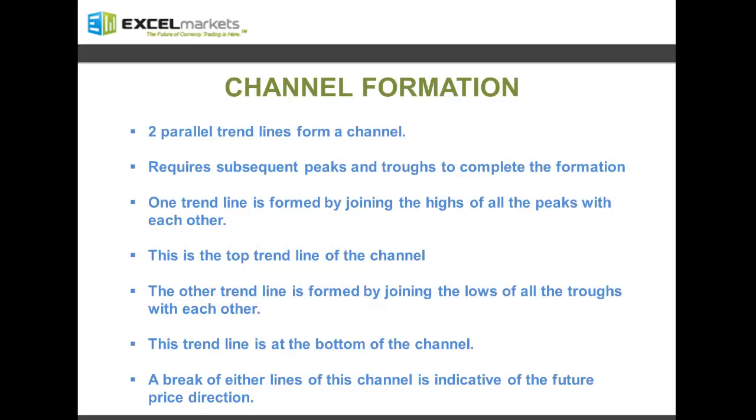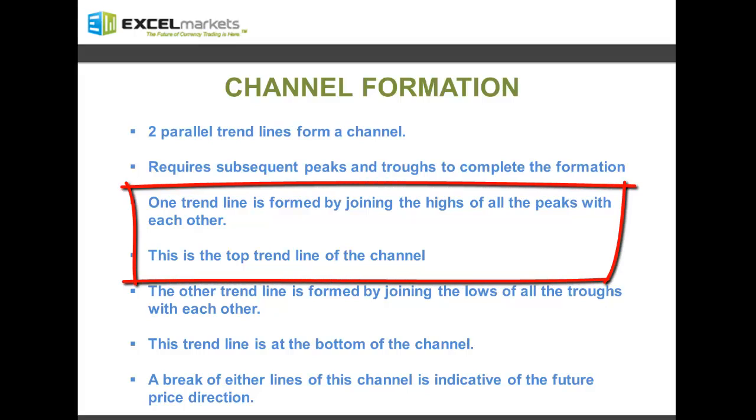Trend lines are also used in the channel formation. A channel is formed by subsequent peaks and troughs running between two parallel trend lines. Of these two parallel trend lines, one trend line is formed by joining the highs of all the peaks with one another. This is the top trend line.